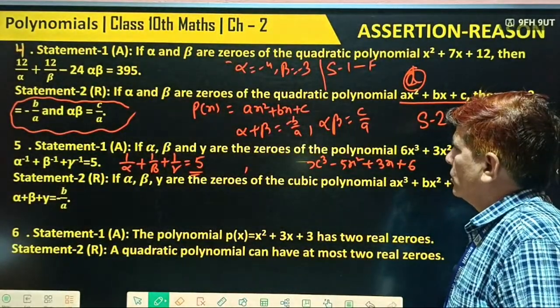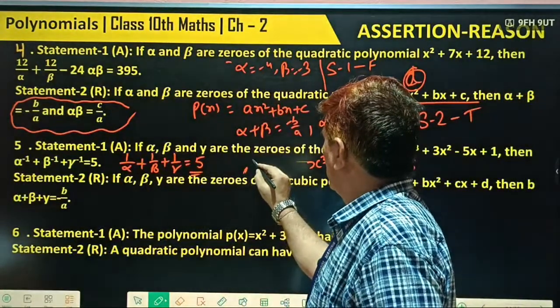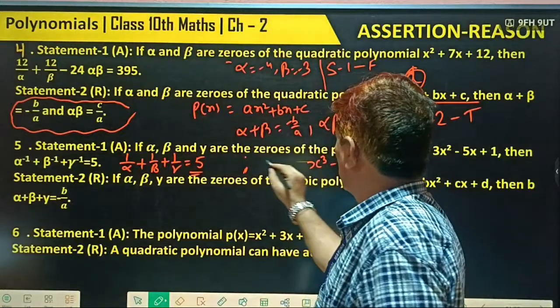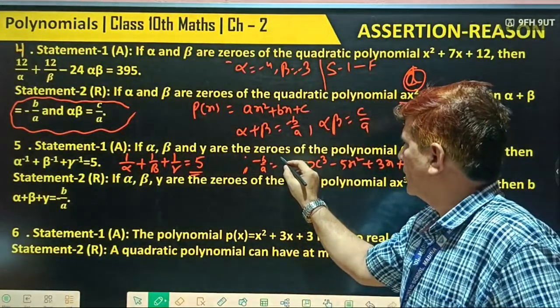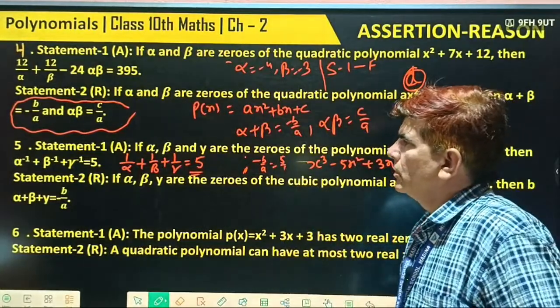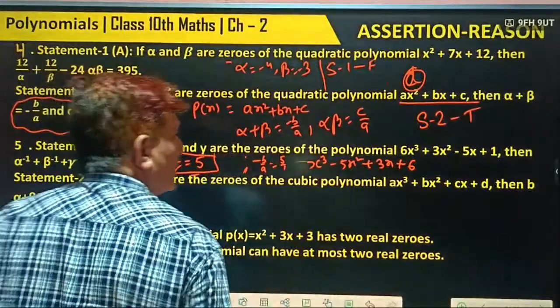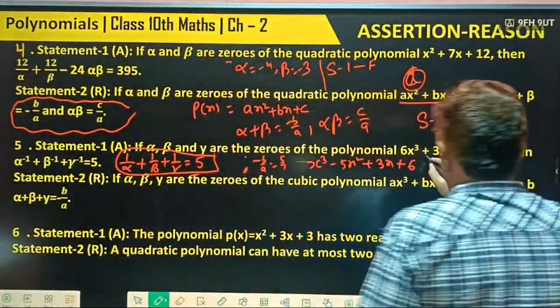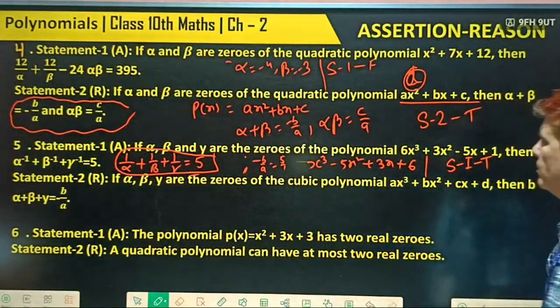What's the sum of the roots? Sum of the roots is minus b by a. So minus b is minus minus plus 5 by 1. So that's given, this is equal to 5, meaning statement 1 is right. Statement 1 is true.